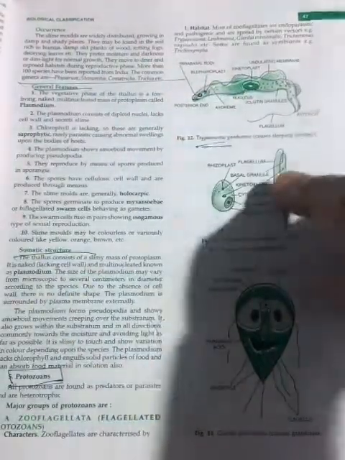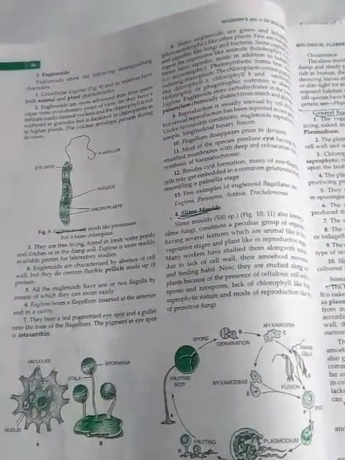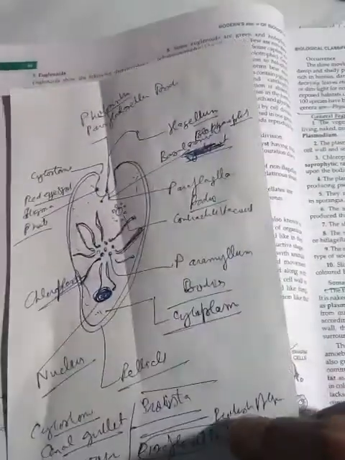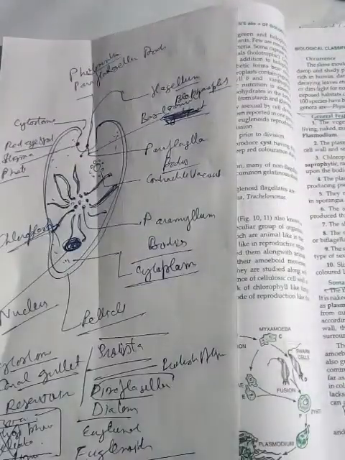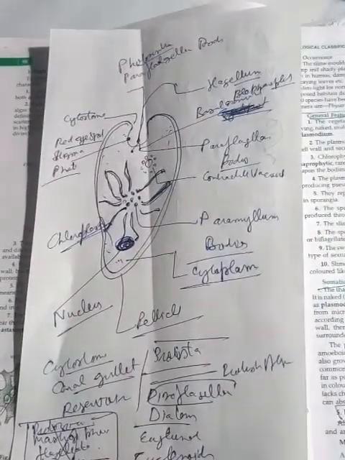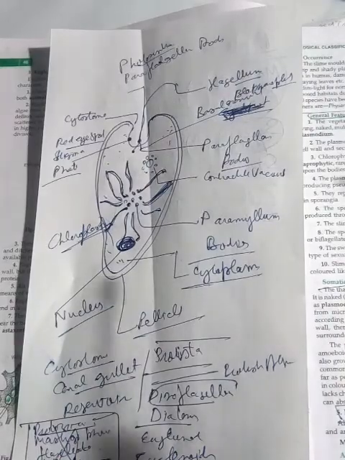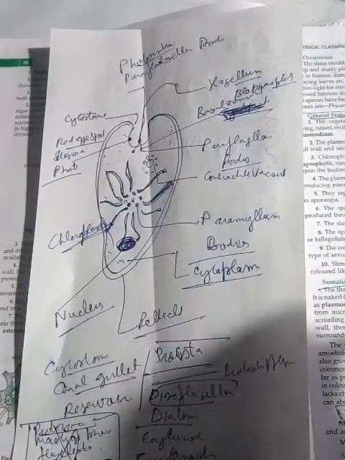Eukaryotes are the euglenoids. The next part is euglenoid, and a very good diagram. The euglena is there. You can make this diagram from the book. So euglena are protista organisms, but they have photosynthetic pigment.